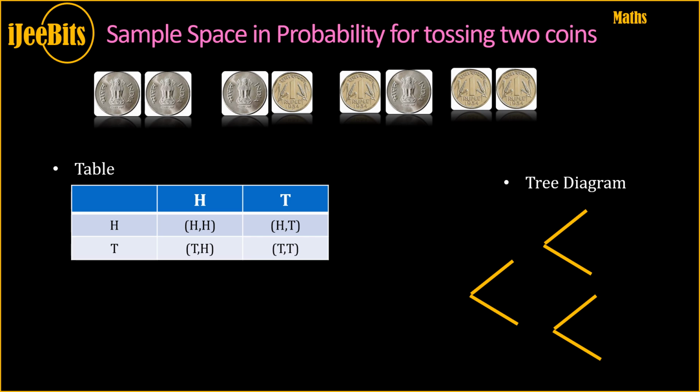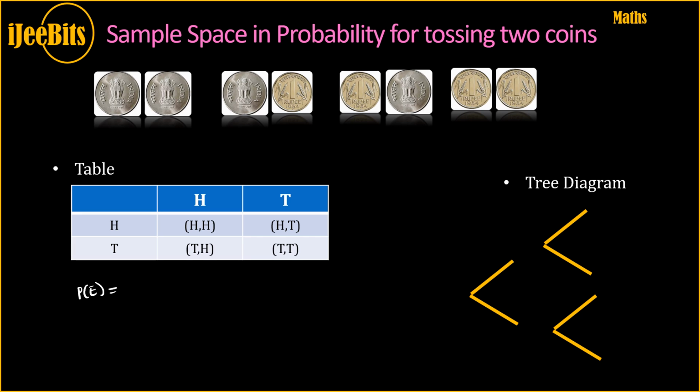So we have 4 possible outcomes. The probability of the event you look for is the number of favorable outcomes divided by the total number of possible outcomes. The total number of possible outcomes is your sample space. Your sample space in this case is 4.